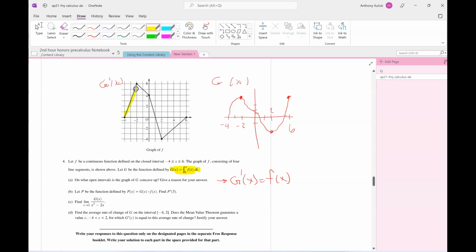So we have positive slope, negative slope, and then positive slope again. So the place where we're concave up, no, I've screwed that up. What did I do here?